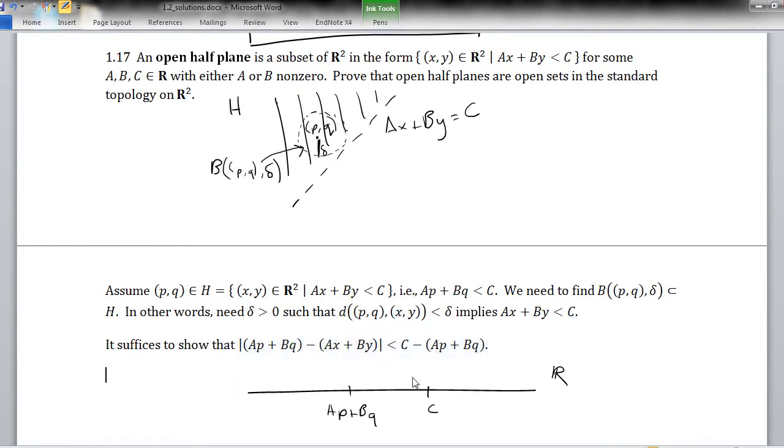In other words, AX plus BY must be contained in this open interval about AP plus BQ with that radius, right?